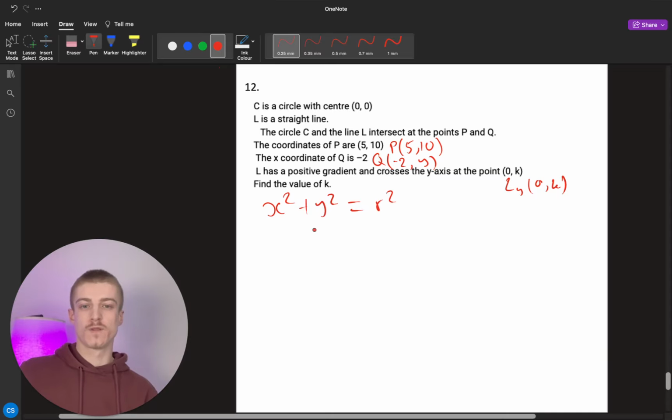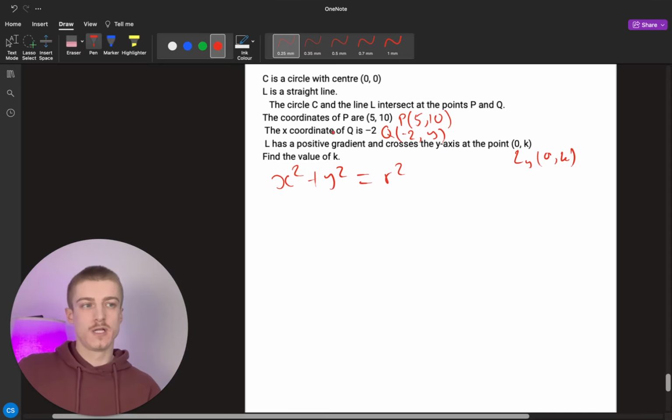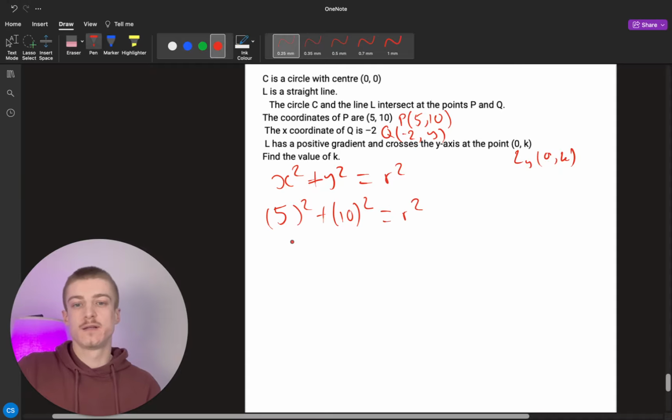Maybe I could draw a diagram. Roughly like that. P is somewhere up here. So if L has a positive gradient, let's just draw a random line, then Q has to be in the lower left. So it's minus 11, okay?